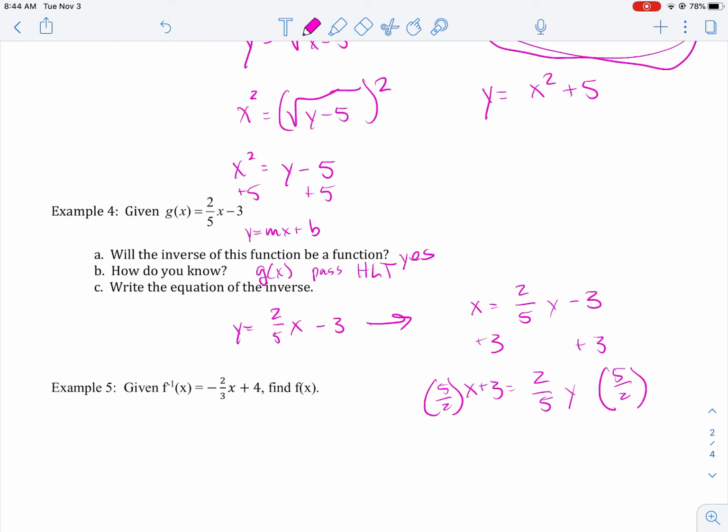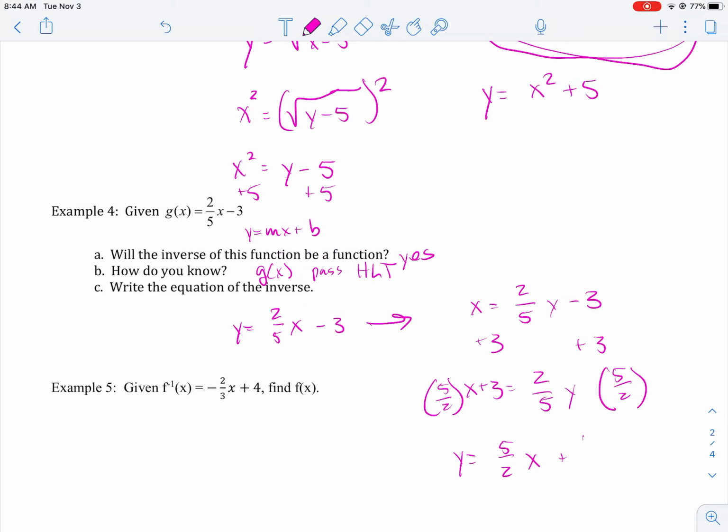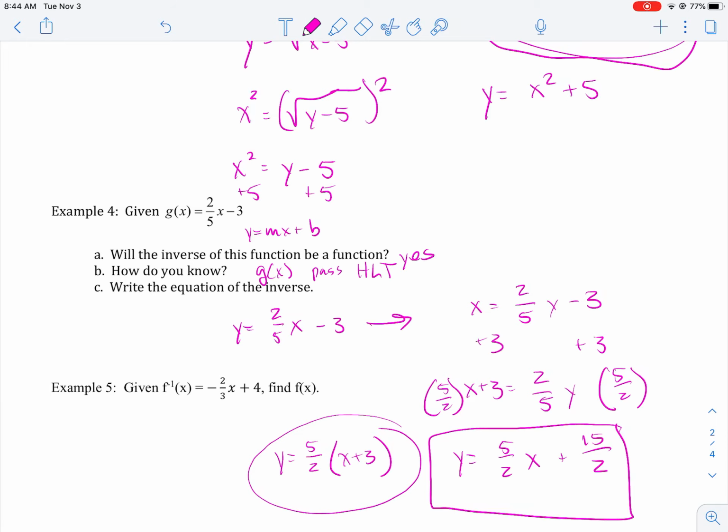So my answer is y equals 5 over 2 x plus 10 over 2, which would give me 15 over 2, right? Okay, so that would be how we would have to leave it. Or I guess we could leave it like this. Whichever you prefer. Okay, let me move this stuff up here, and we'll finish these problems out.